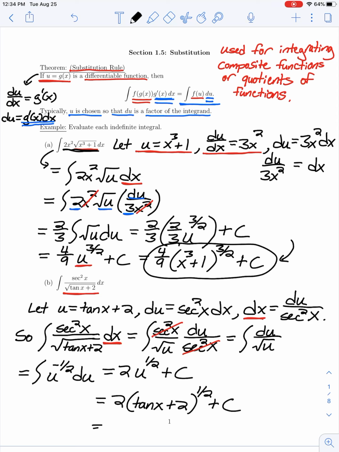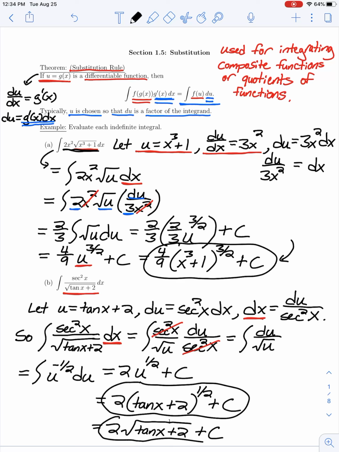Or if you prefer, this is the same as 2 times the square root of tangent x plus 2 plus c. So just 2 different notations there, but recall the 1/2 power is the same as the square root of that function.